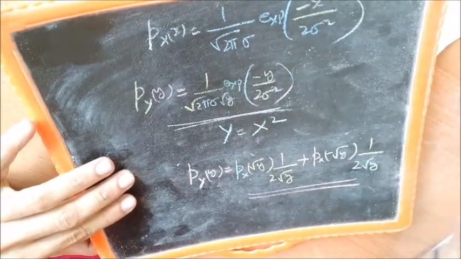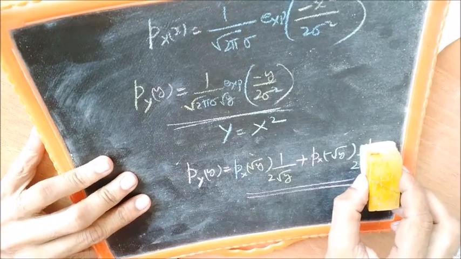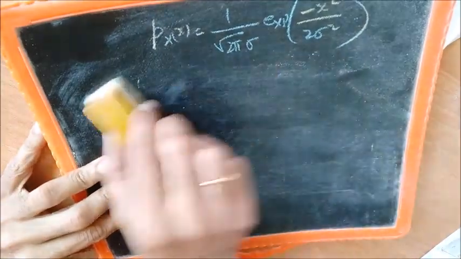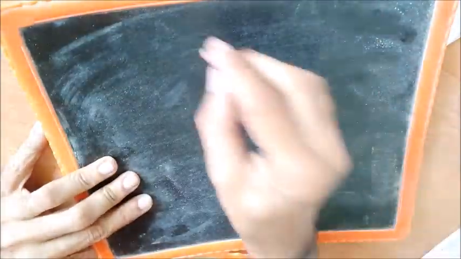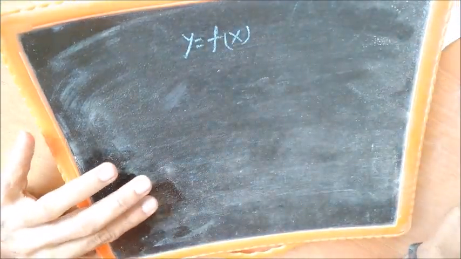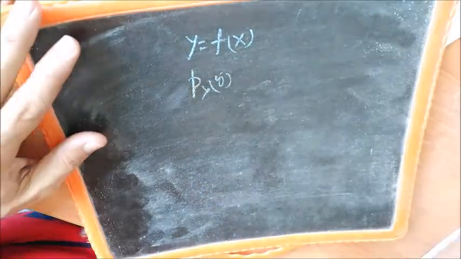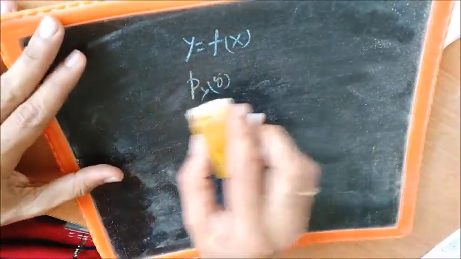So when the application arises later, we will use this method. This is just an introduction to the method. There is a general way in which it can be done, in the sense, in general, if you are given a function like this, how it can be done, that is left to you. You can find that out for yourself.